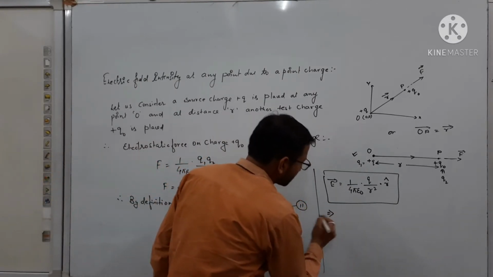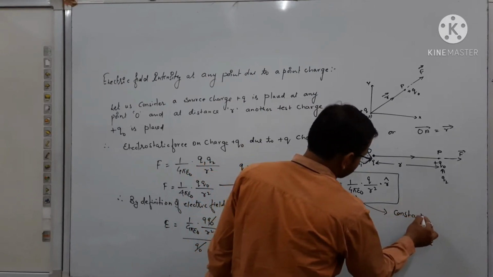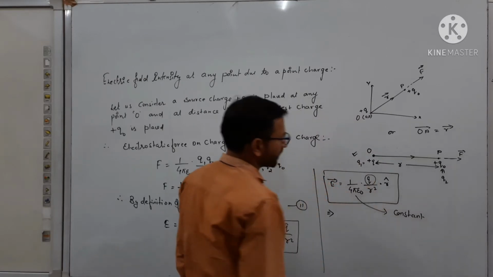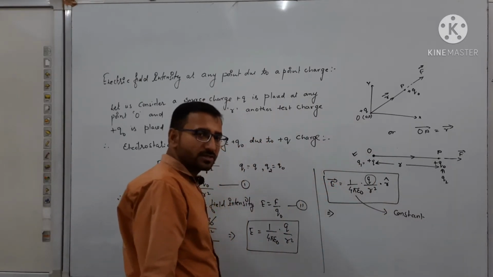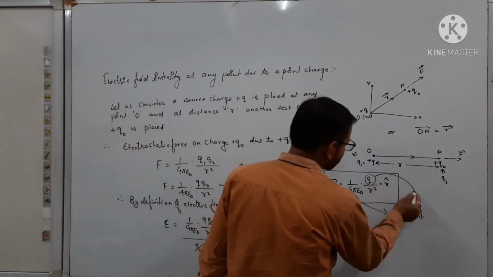Now from this derivation we know that this part is a constant part, and this charge also remains constant because it is fixed, or you can say a source charge, it will not vary with respect to time.